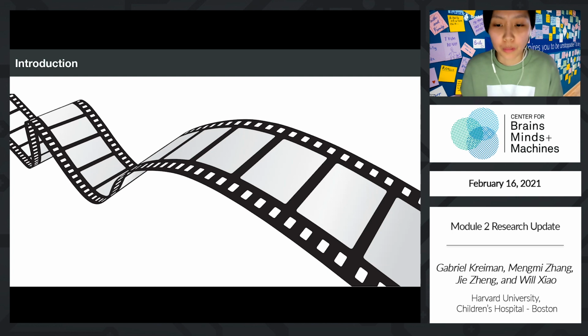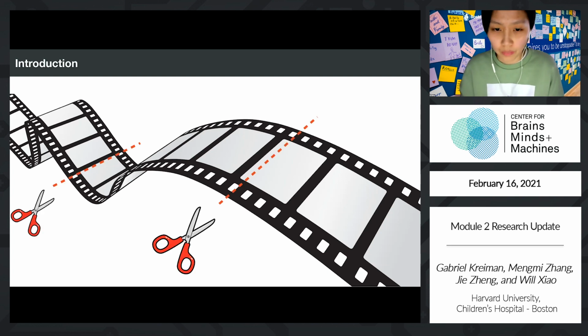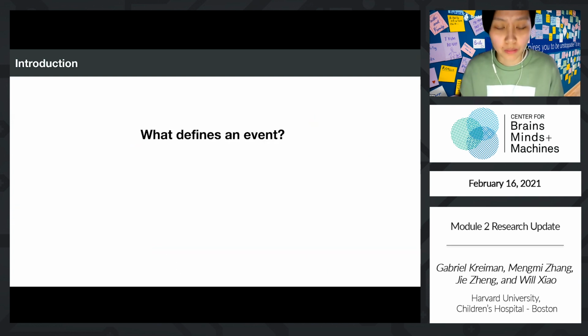One example: we don't necessarily remember a 2-hour movie frame by frame, but instead we remember it as a set of salient moments or salient events. Then the fundamental question becomes, what defines an event, or what determines the onset and offset of that event?